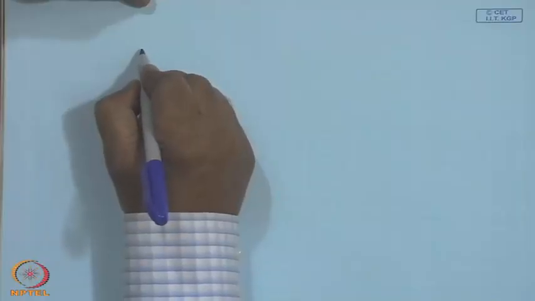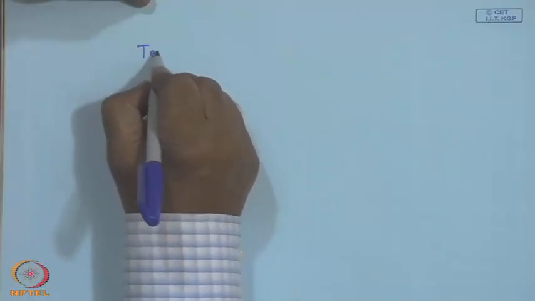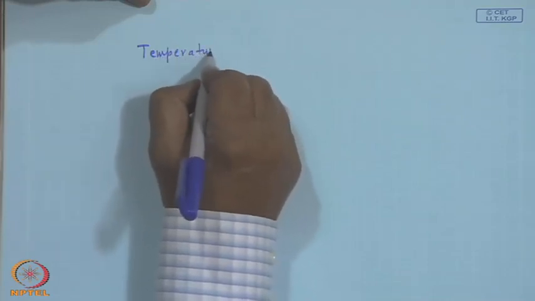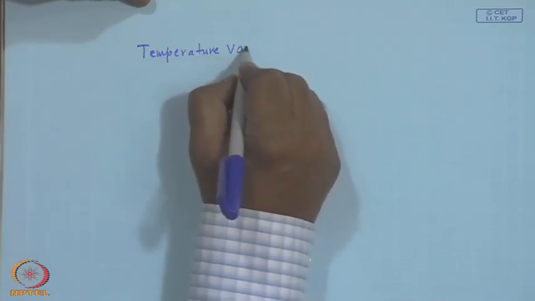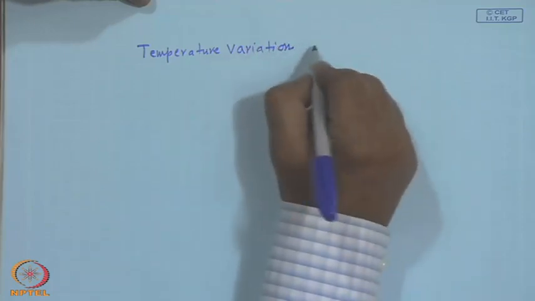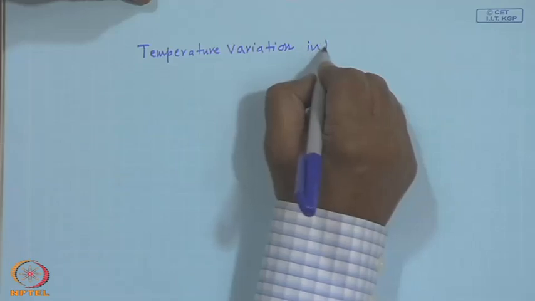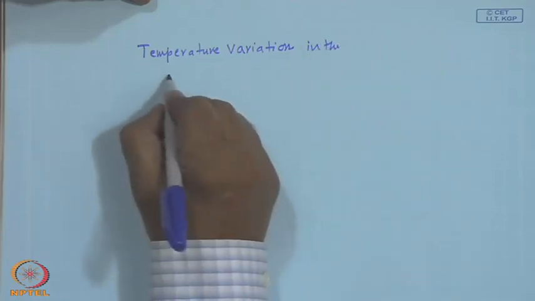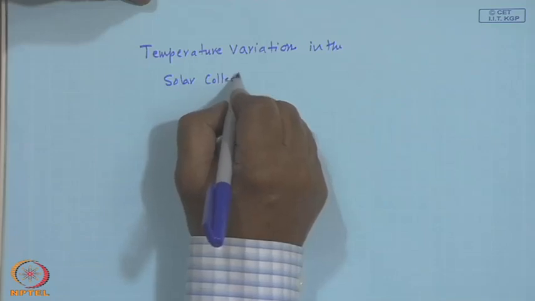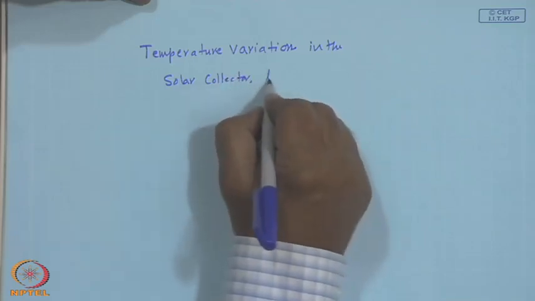So, what we shall do now is look at the temperature variation in the liquid based solar collector.